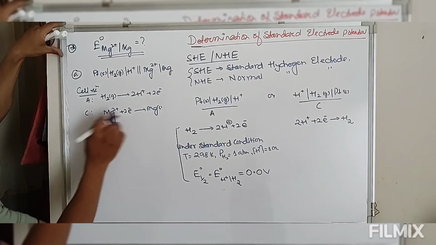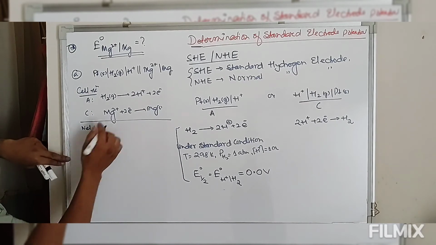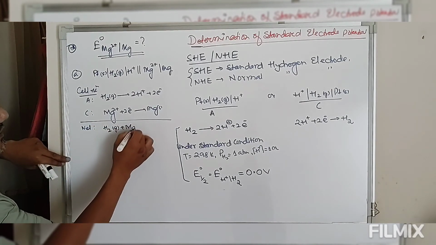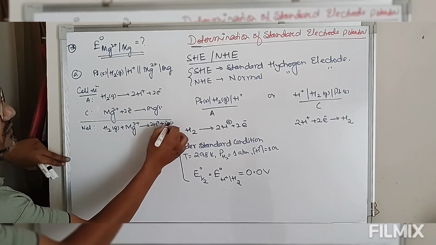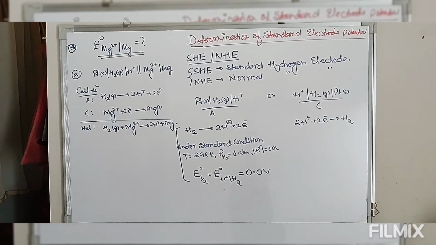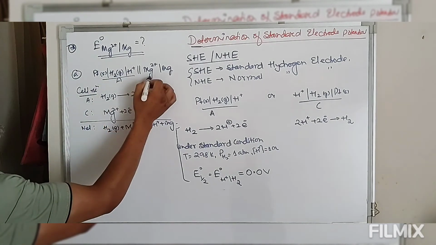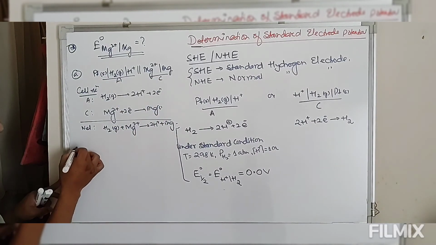The net cell reaction is hydrogen gas plus Mg2 plus gives 2H plus and Mg. So this is the net cell reaction. This is the anode, this is the cathode. Now we have to define the standard reduction potential.